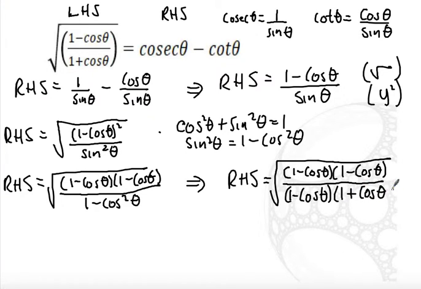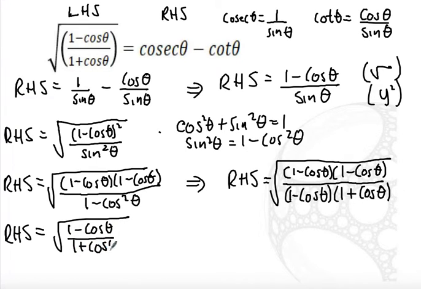And the whole point of this now is, as hopefully you can see, I can cancel the 1 minus cos thetas, top and bottom, so that the right hand side is equal to the square root of 1 minus cos theta over 1 plus cos theta. And so I have shown then that the left hand side is in fact equal to the right hand side.